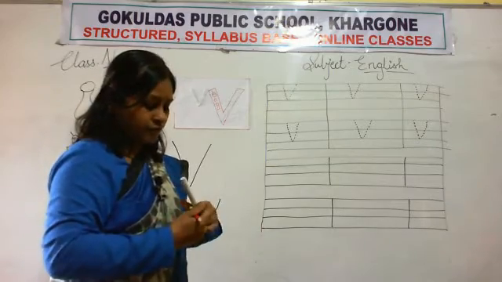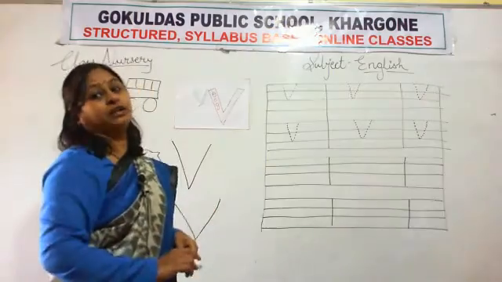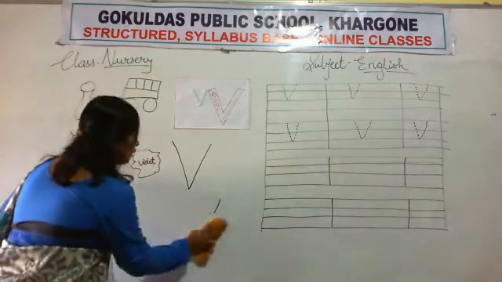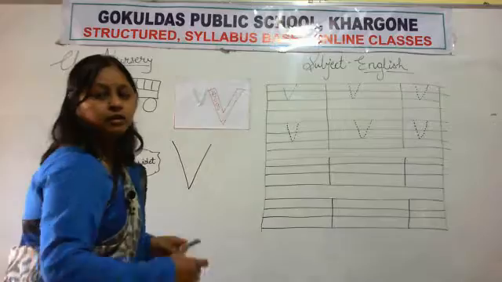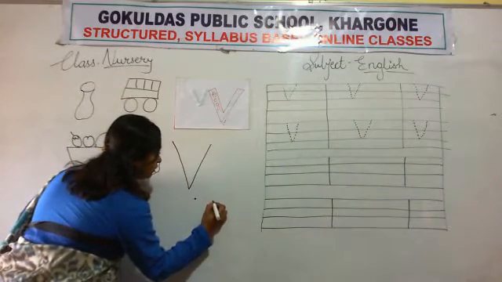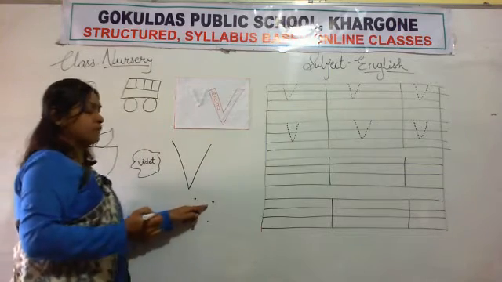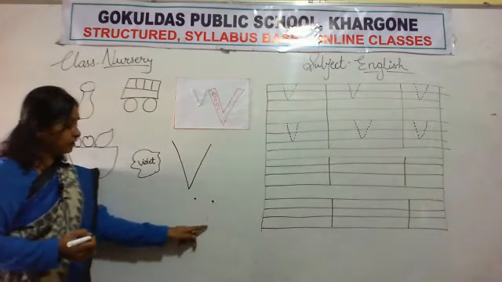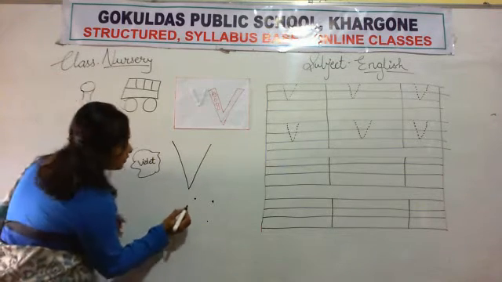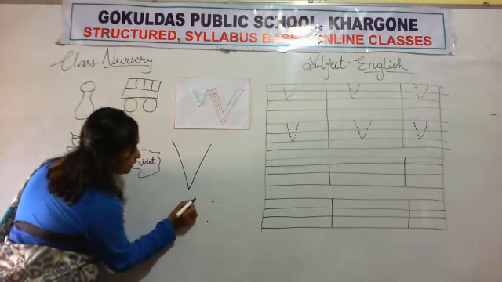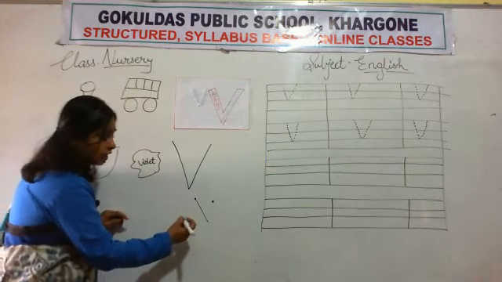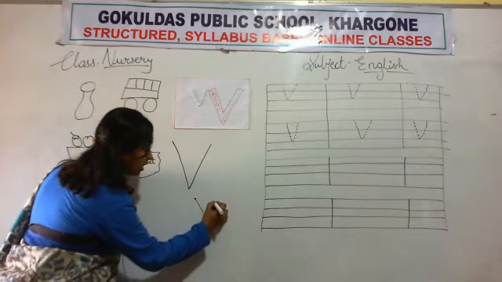Okay, now we will start to write letter V. How you have to write letter V? Look here. Dots were given. Two dots were given on the upper line and one dot is given on the center. So first, from the upper dot you have to write a slanting line downwards, and from the down dot you have to go upward.